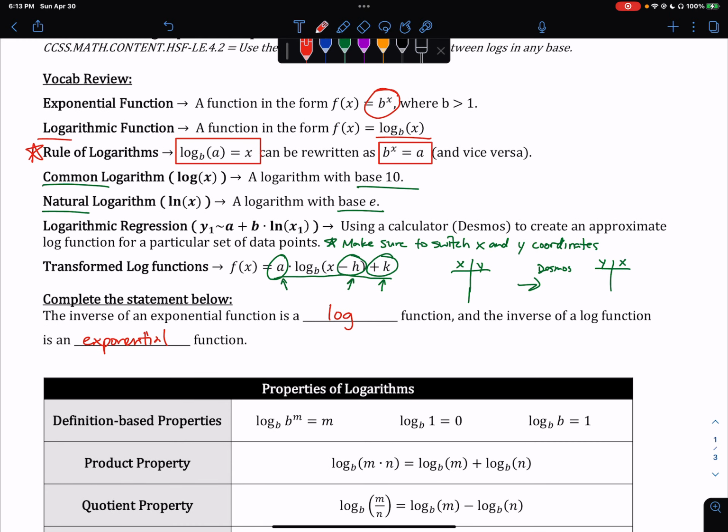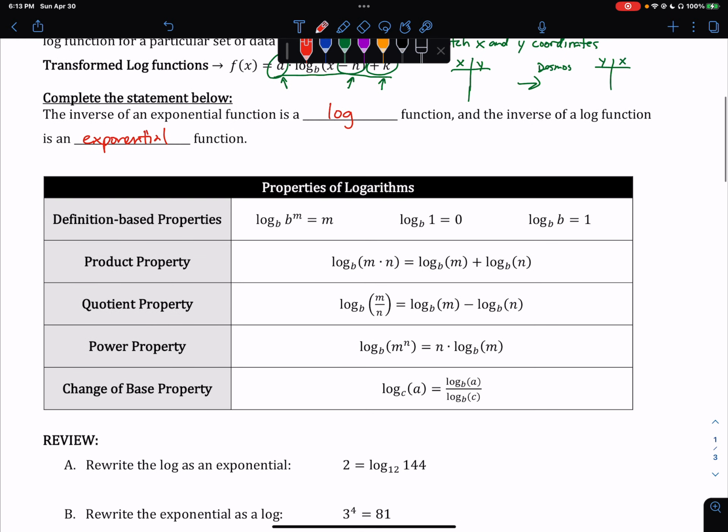Then in our last section, 9.3, we talked about the properties of logarithms and looked at where they come from and how we can use them. Again, there were three definition-based properties. That's because of that rule, the question we asked: the base to what power equals the big number. We looked at what information we gather from that.